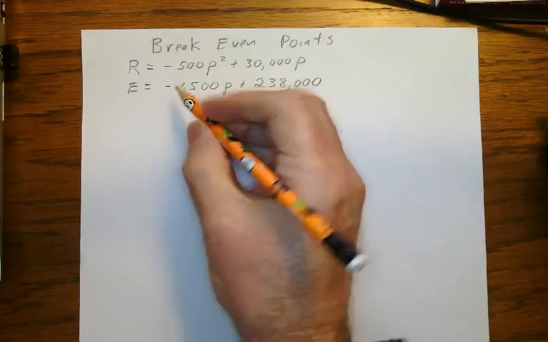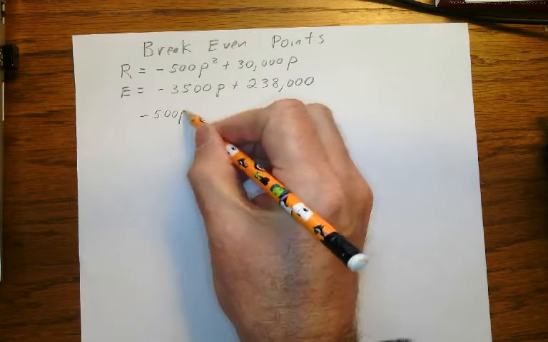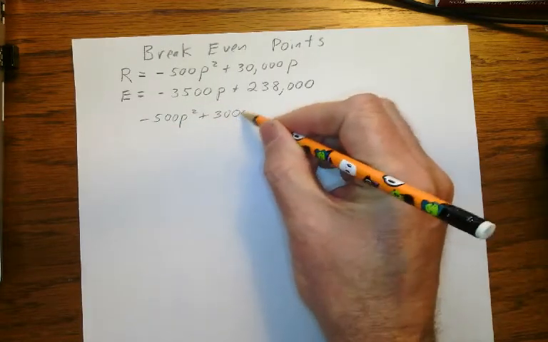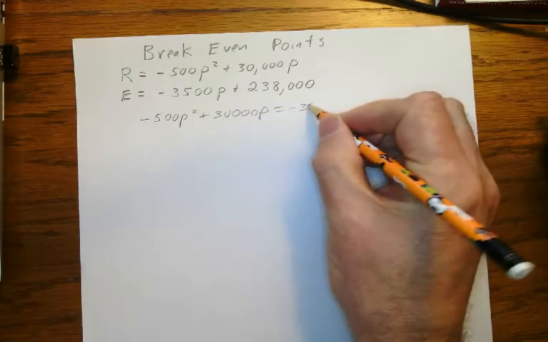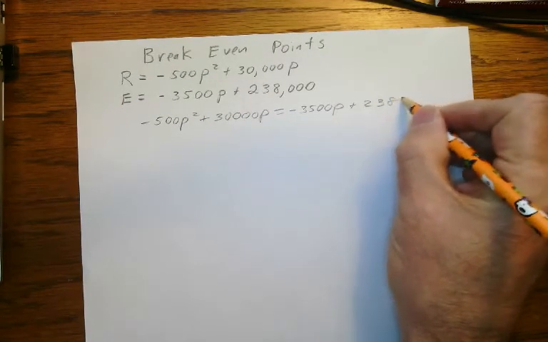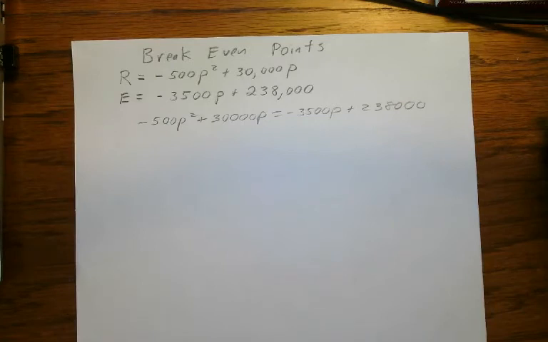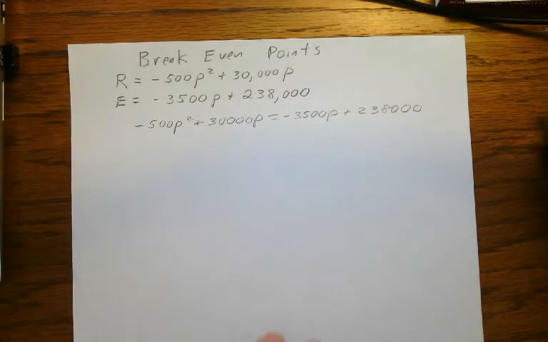So what it came down to was we were trying to solve this equation, setting the two equations equal to each other. And we used Google Lens to do that. What we're going to see today is we're going to solve that equation a different way. If we can solve this algebraically, then we have our break-even points.